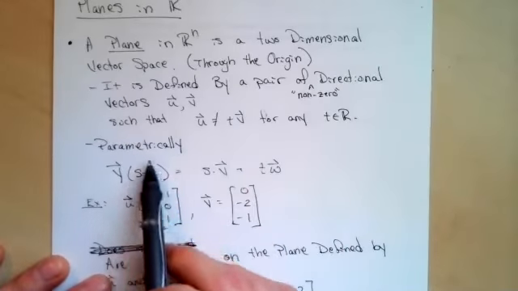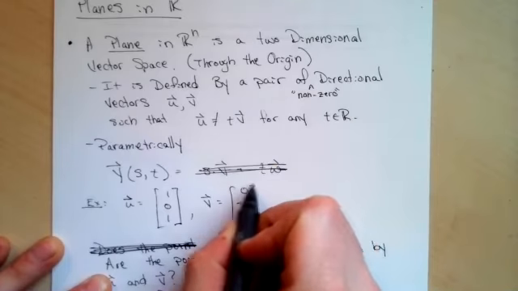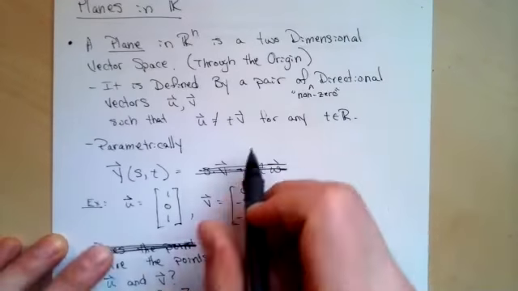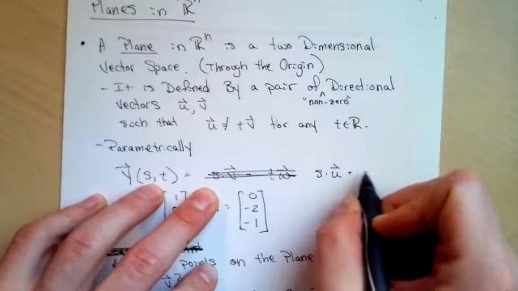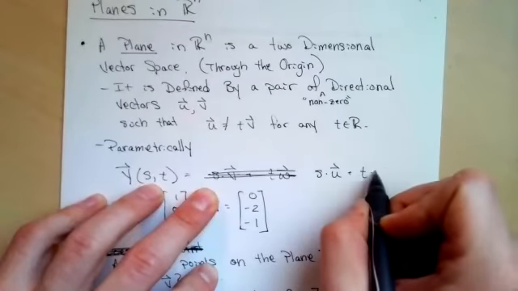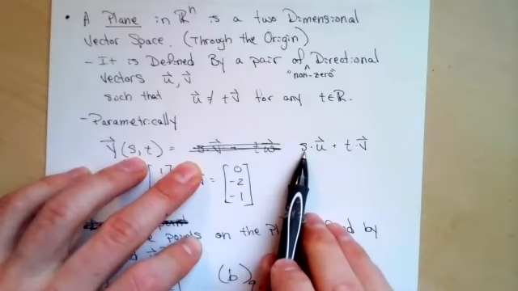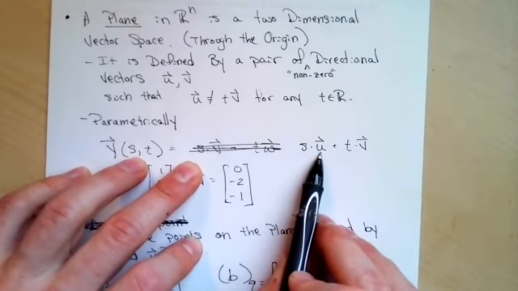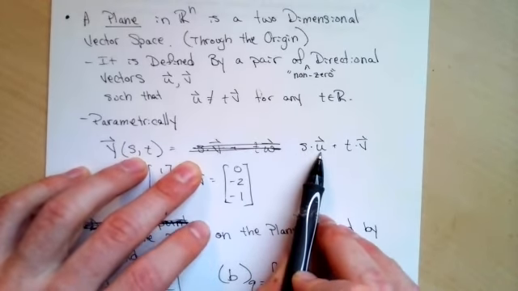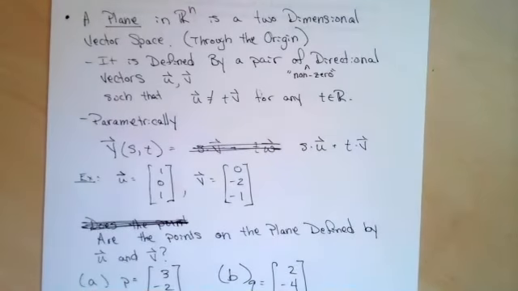Let me redefine this. Sorry, I was using U and V. Someone should have said, where the heck did W come from? Let's have it as S times U plus T times V. So if we're starting at the origin, all you got to do is walk S times in the direction of U. So take U and line it up S number of times, walk in that direction.